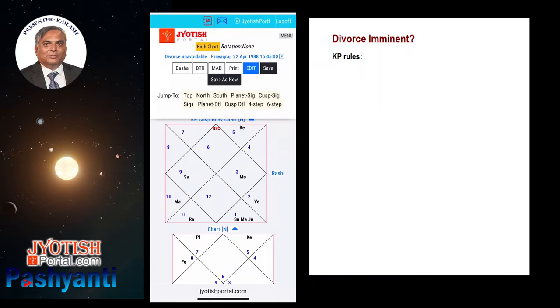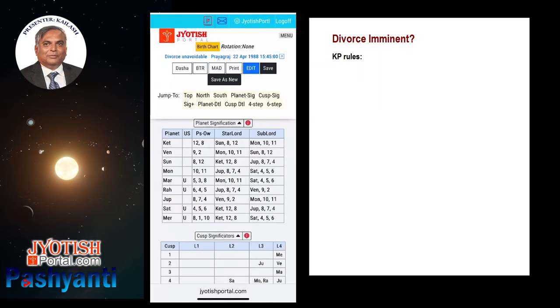Now let's look at the planet signification. I'm not going to go through each of these planets. I've already mentioned the rules that Professor Krishnamurti has mentioned. So you can judge each of these planets and see how good or bad they are from the marriage point of view. Our main focus is, if somebody approaches you with some specific question on mind, that helps you a lot.